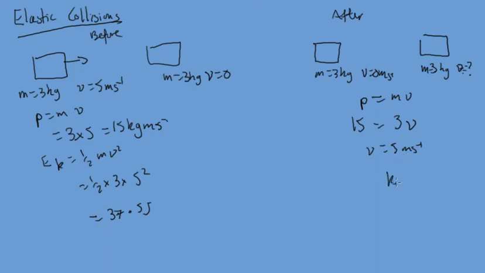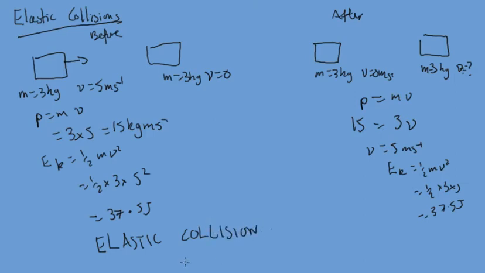And the kinetic energy after, half mv squared, again, is going to be half times 3 times 5 squared, which is 37.5 joules. So this shows us that in an elastic collision, kinetic energy is conserved.